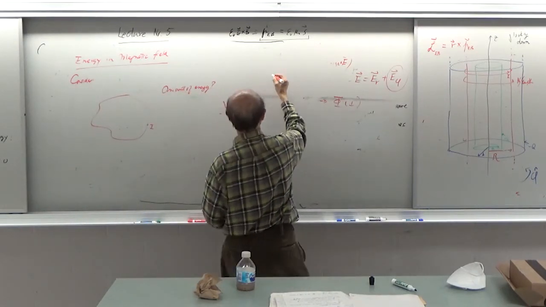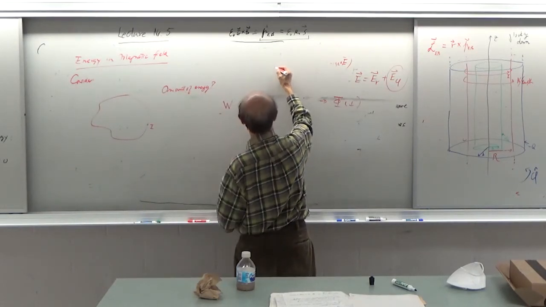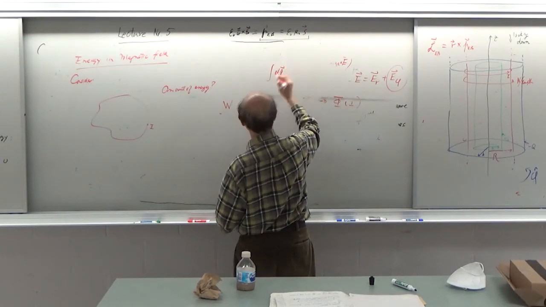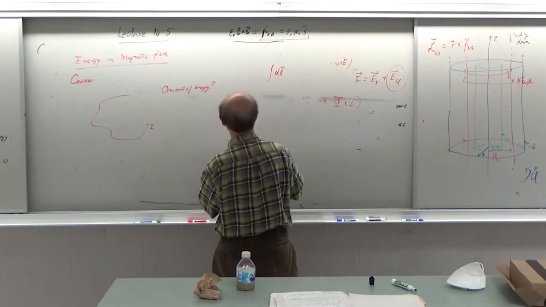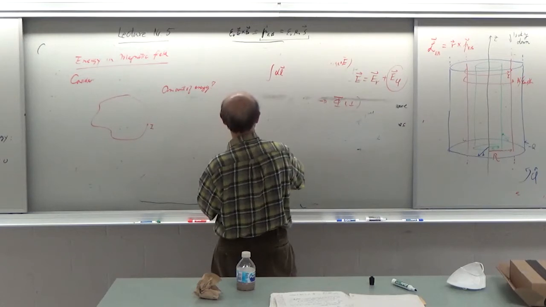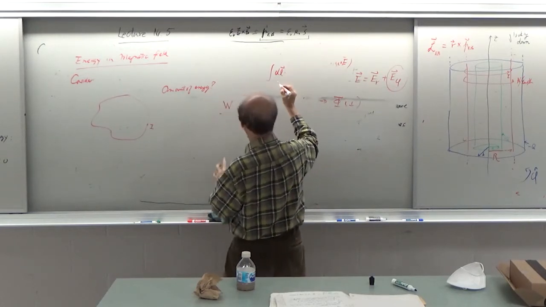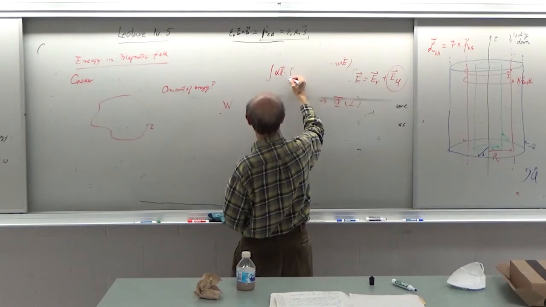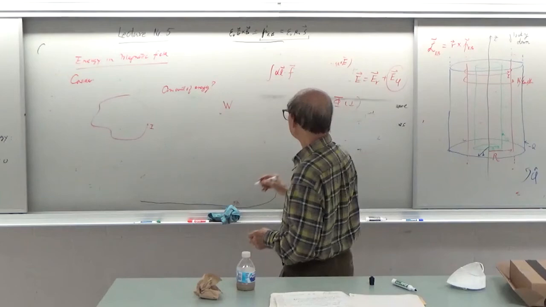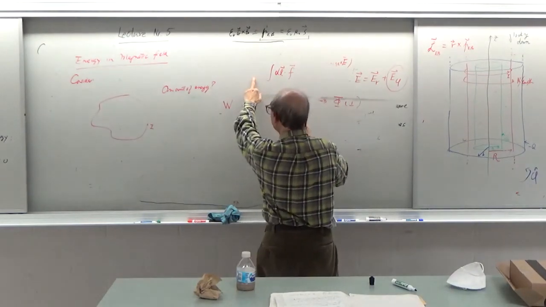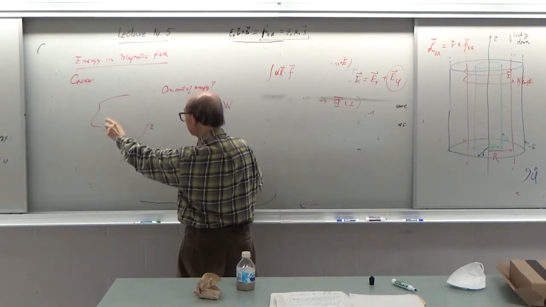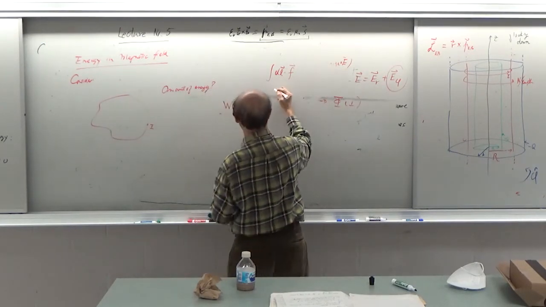Well, that would be the work, which is energy, the force dotted with dl, for one unit charge. That would be the amount of work to have one unit charge go around the circuit once.